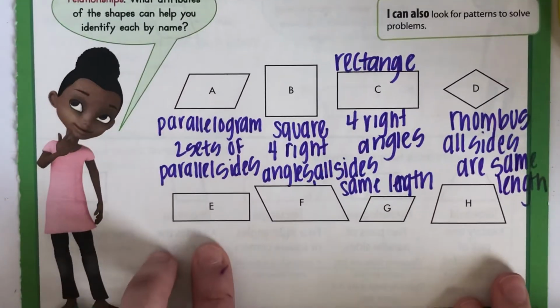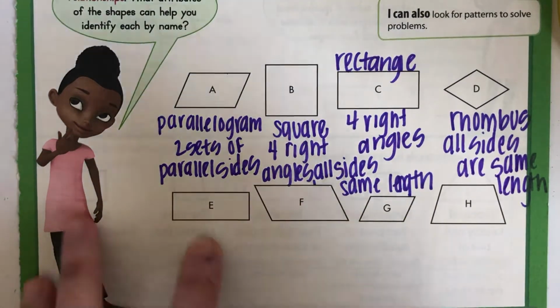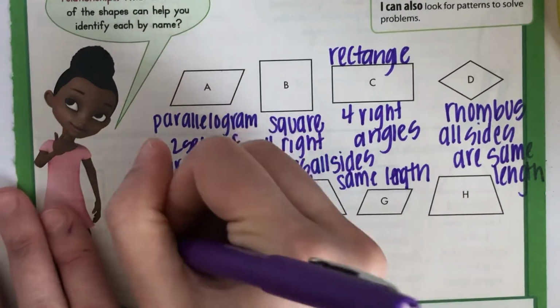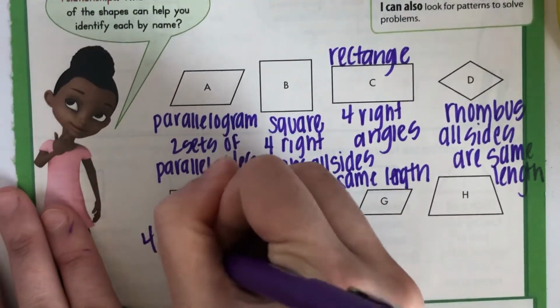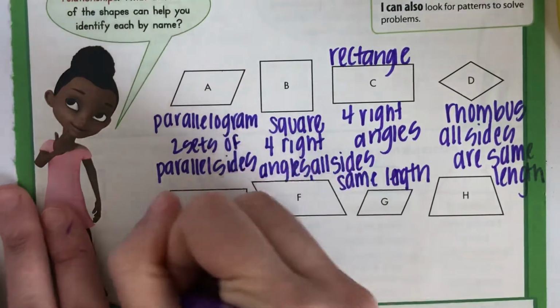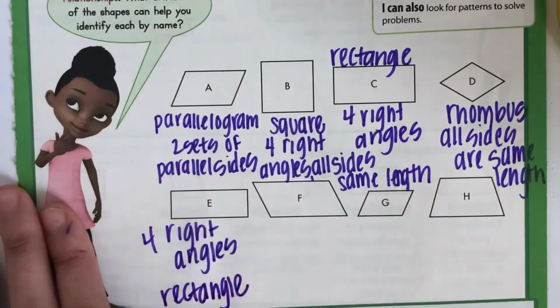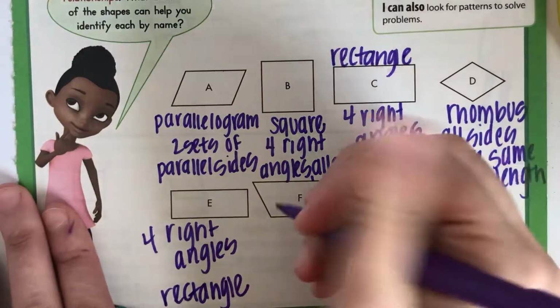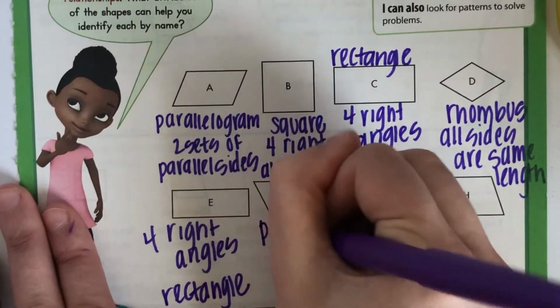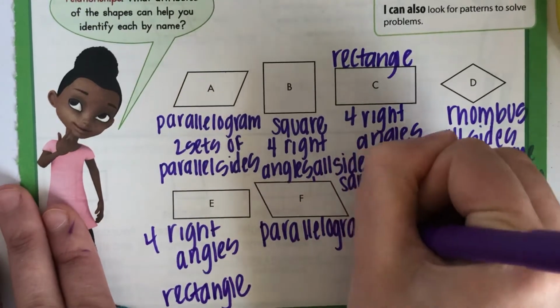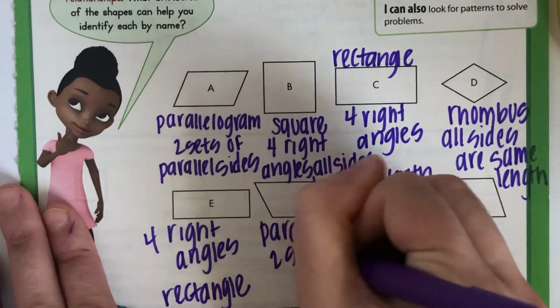Then letter E, we have a rectangle with 4 right angles. Letter F, we have a parallelogram again, which means we have 2 sets of parallel sides.